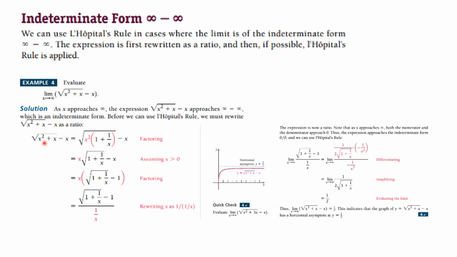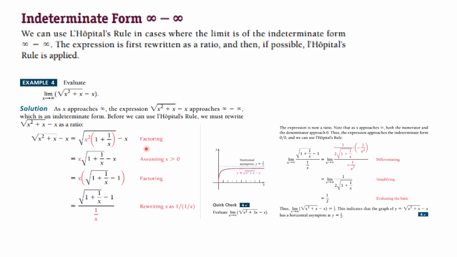So first thing we do is, and this is some algebra, we will factor x squared out of the radical. And notice that what this means is x squared times 1 is x squared, and x squared times 1 over x is x. So that factoring is good, and then this is minus x.